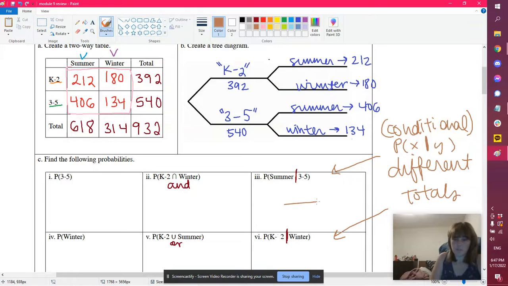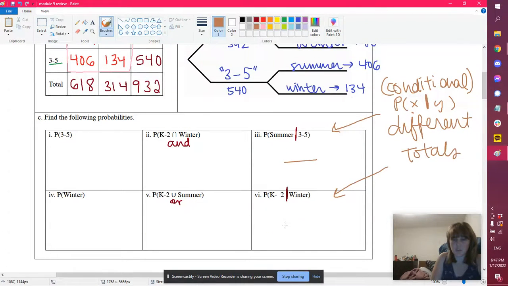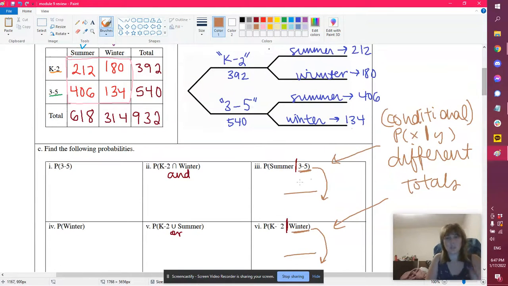So immediately, I'm going to figure out what these denominators are before I figure out what the whole fraction is. The back number gives me the total. So if I want the probability that someone likes summer, given that they're in grades 3 through 5, my total is 540 because they're for sure in grades 3 through 5.